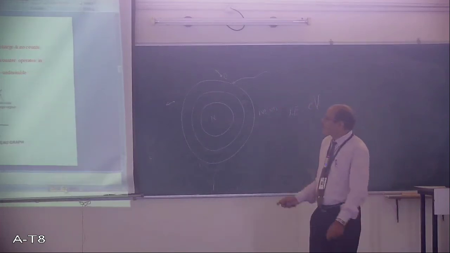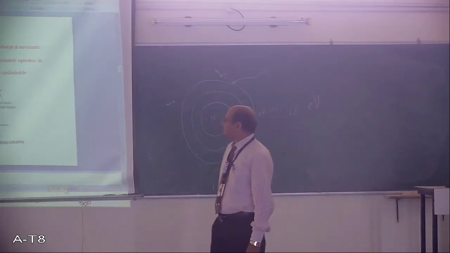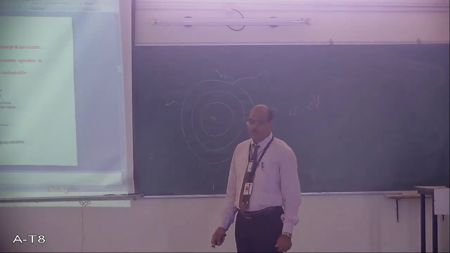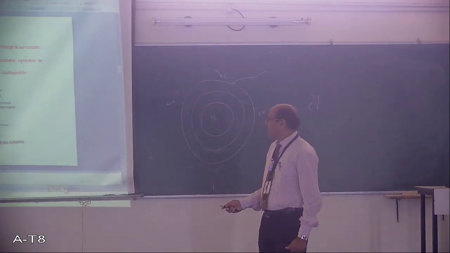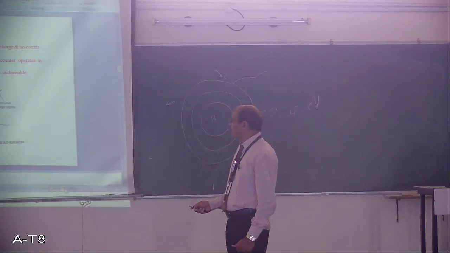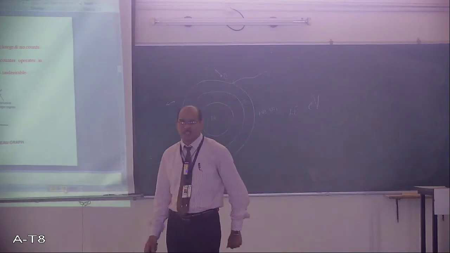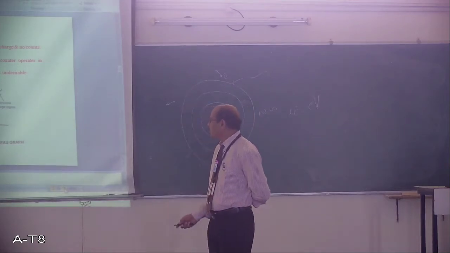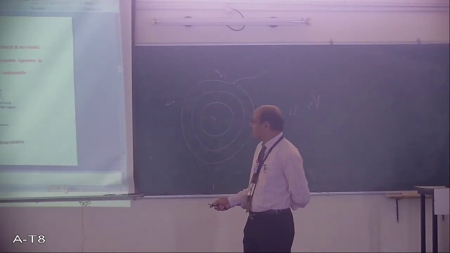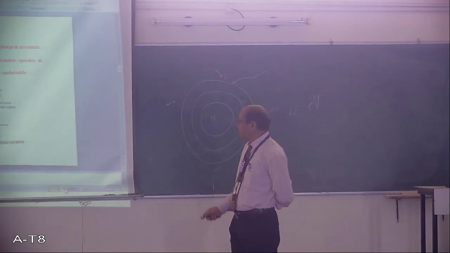Now, the plateau graph for the functioning of the GM tube. If you plot the graph of applied voltage against count rate, you will see that in the beginning, up to almost 1000 volt, there are no counts at all.